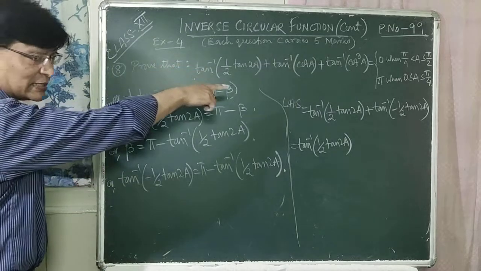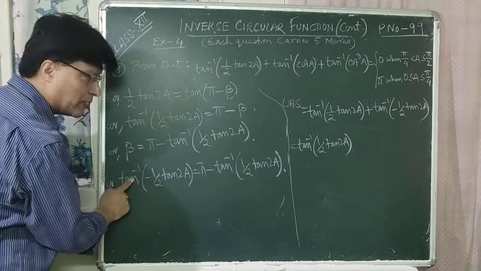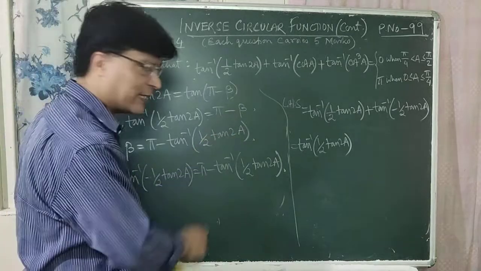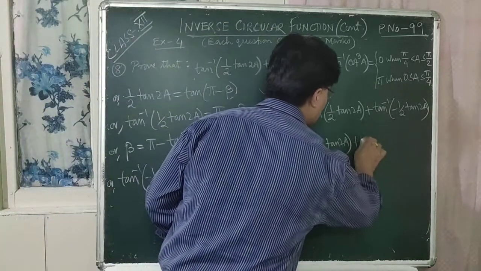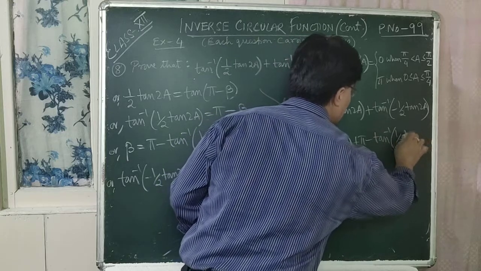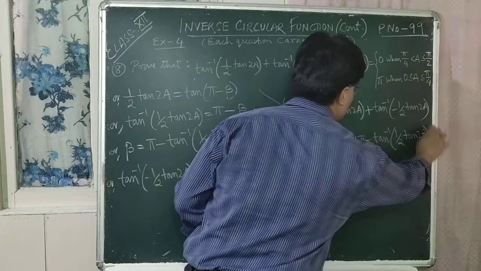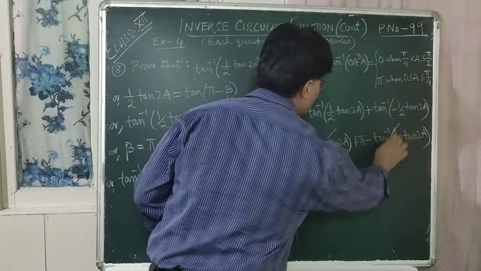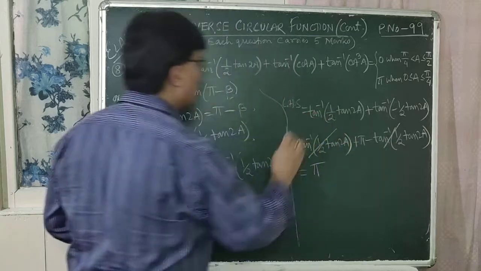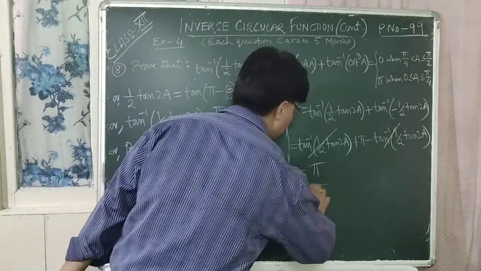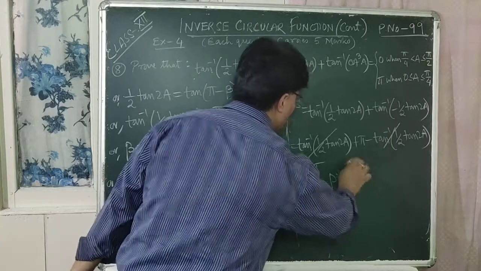What is the value of the second term? It is pi minus tan inverse within bracket half tan 2a. Is it clear? So you can cancel these two, which is equal to pi. So hence it is proved. We have proved the result.